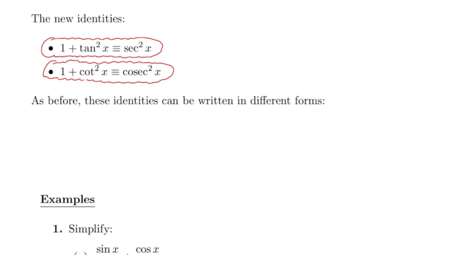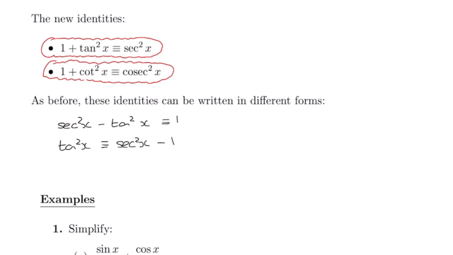So the first one, you could rewrite it as sec squared x minus tan squared x is identical to 1, or you could have, if you wanted, tan squared x is identical to sec squared x minus 1.